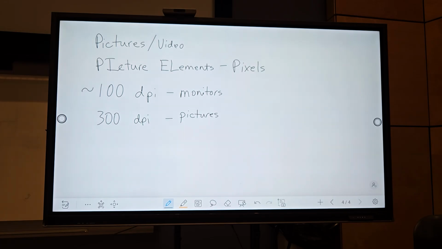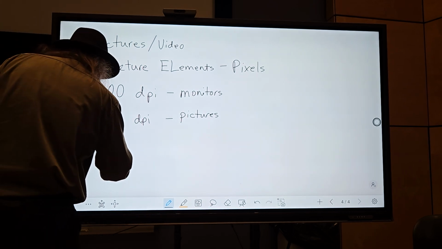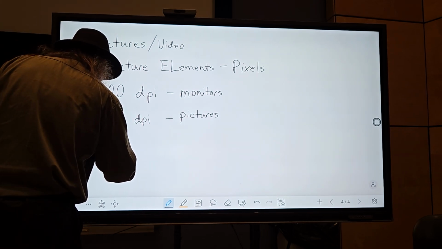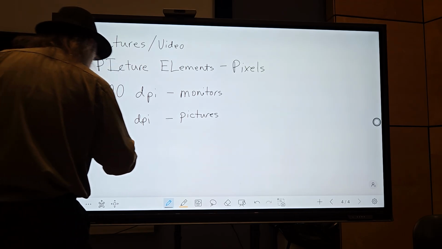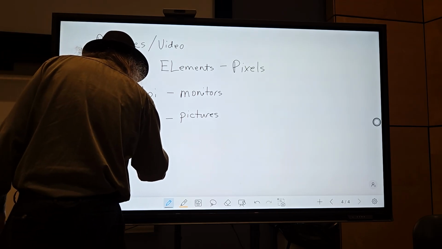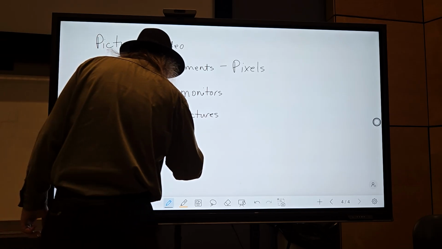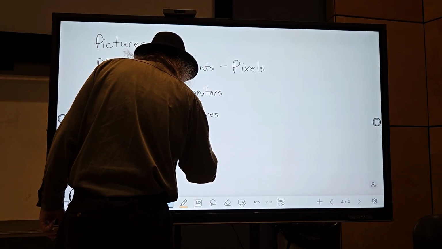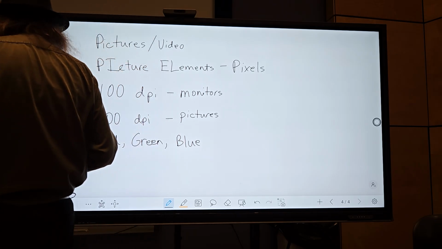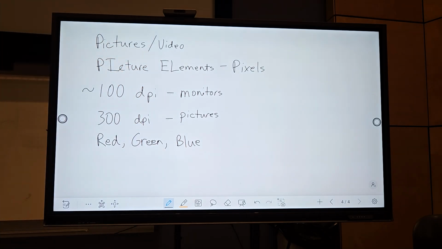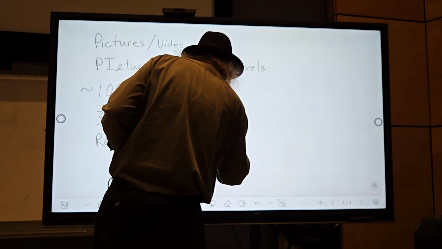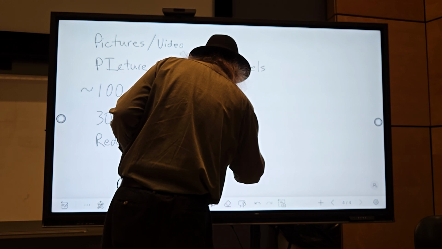But what about the colors? Each color is represented by 3 elements that make up color: red, green, and blue. And in a computer, those numbers are typically 8 bits each.